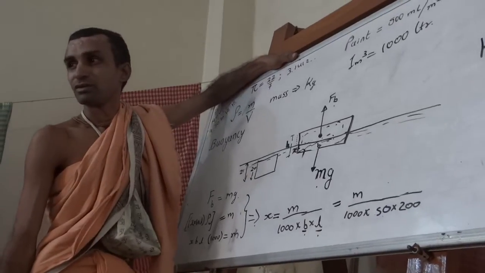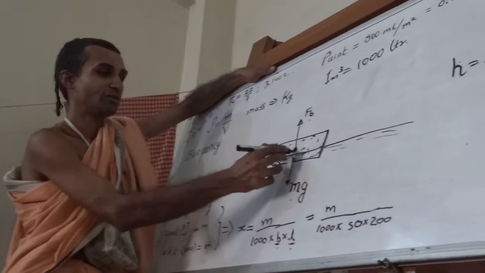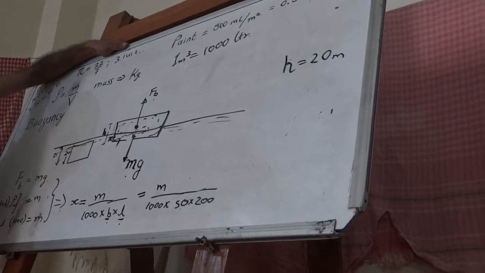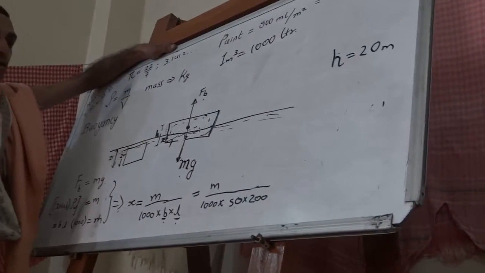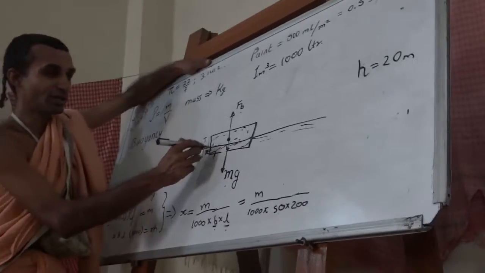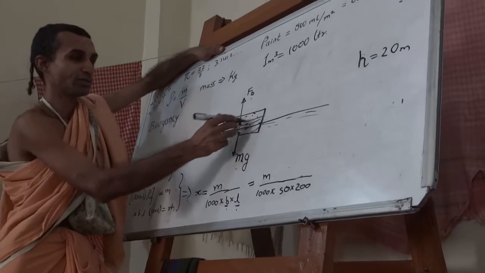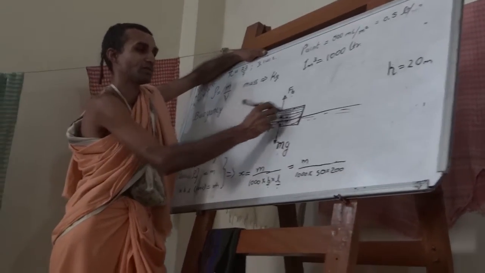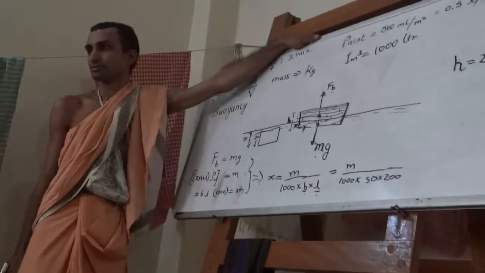So now gravitational force is acting downward, and as it goes down, the water will go on filling into it, more and more, and a time will come when it is fully filled.